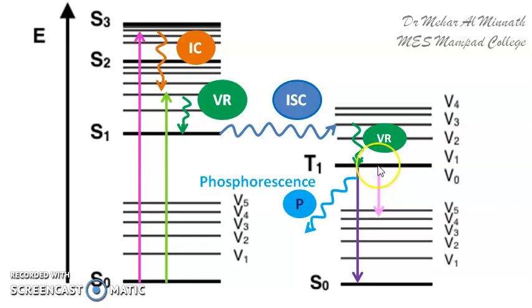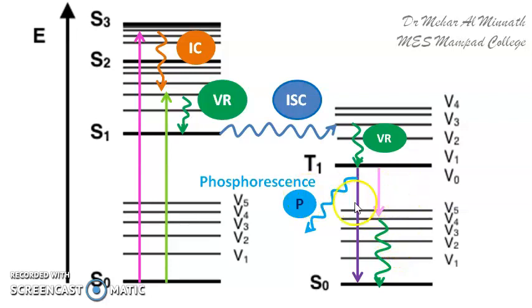Another way for phosphorescence is that the system from the lowest vibrational level of the triplet state will come down to higher vibrational levels of the singlet ground state. That is also possible. Then by emitting radiation from there, since it is still in a higher energy level, it comes down to the ground state by vibrational relaxation.